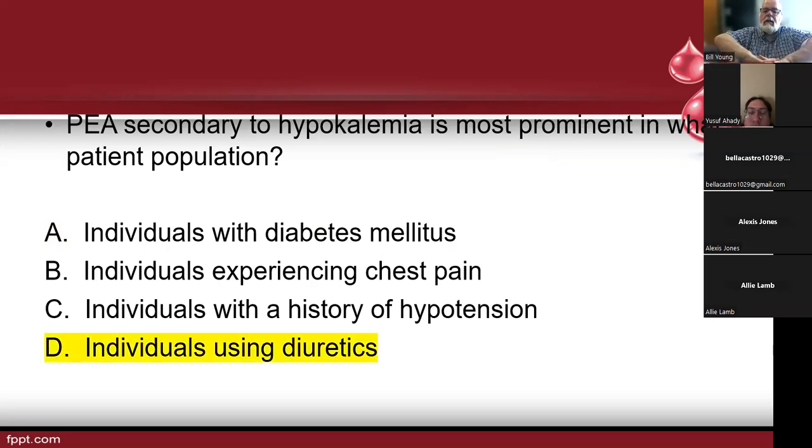Okay, so when we're looking at this, Alexis, first of all, tell me, what is hypokalemia? Low potassium. So why would a person have a low potassium from the use of a diuretic?